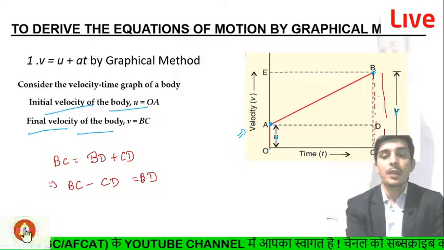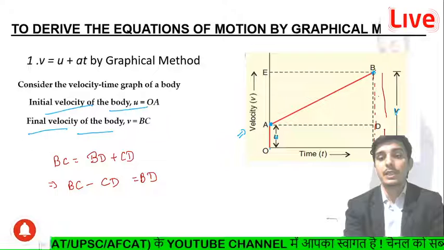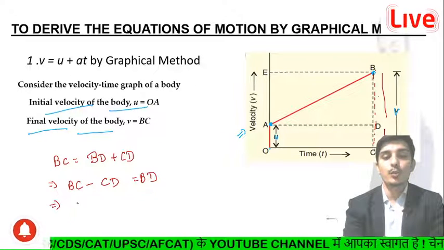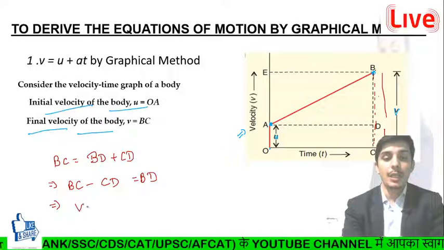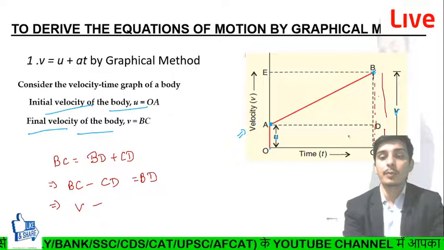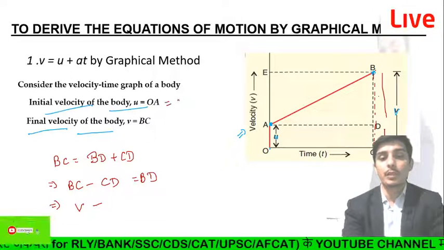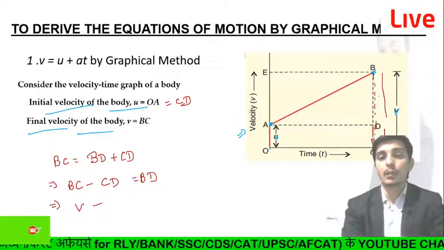Now we know what BC is: BC is v. And what will be the value of CD? CD is equal to OA, because this length is equal to this length.